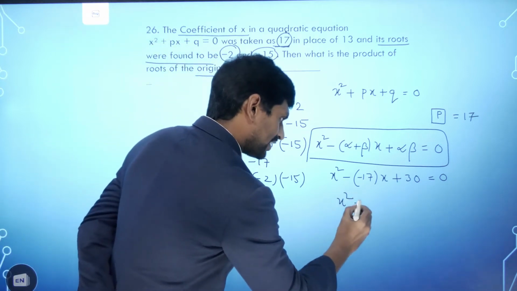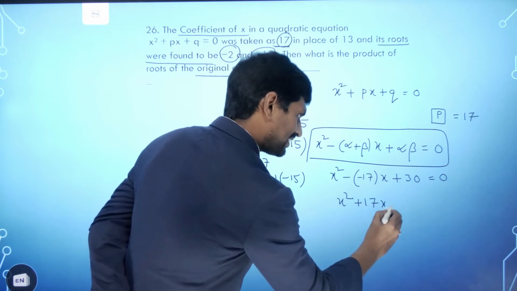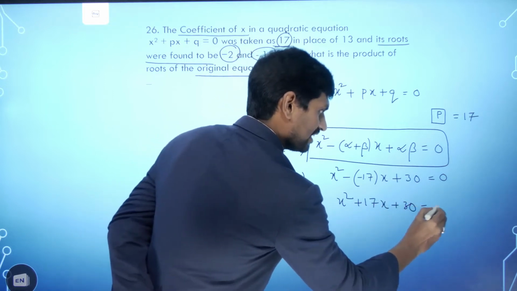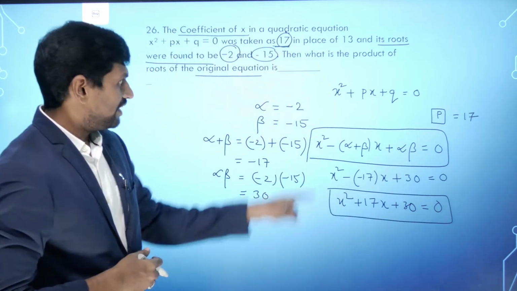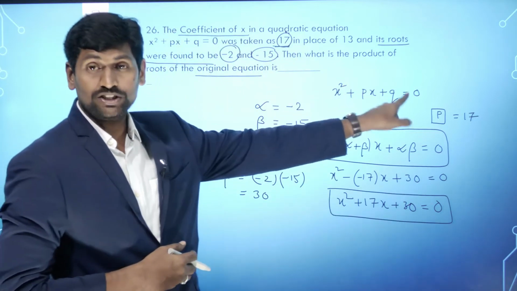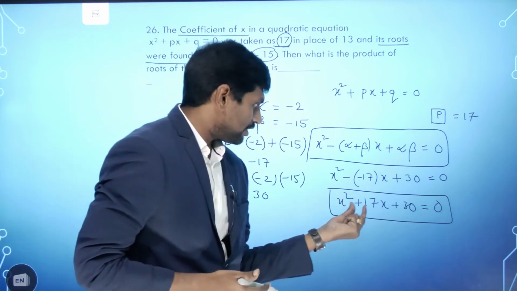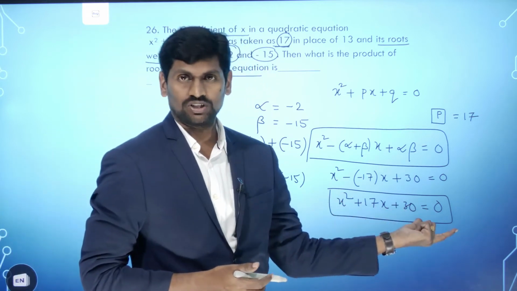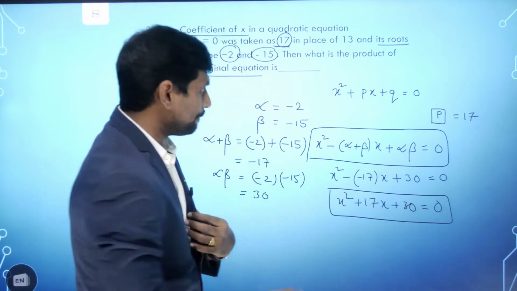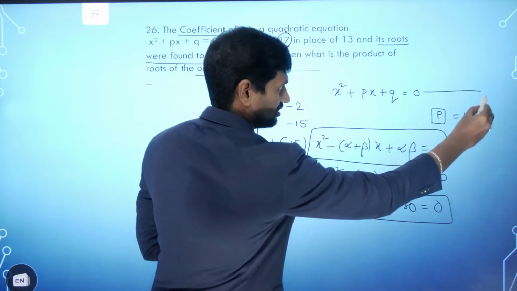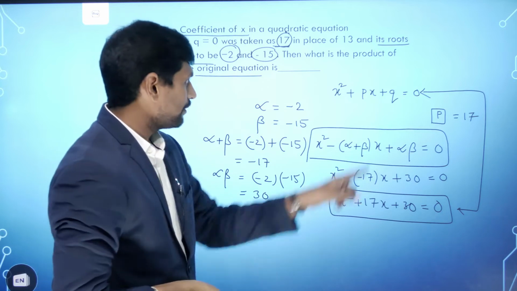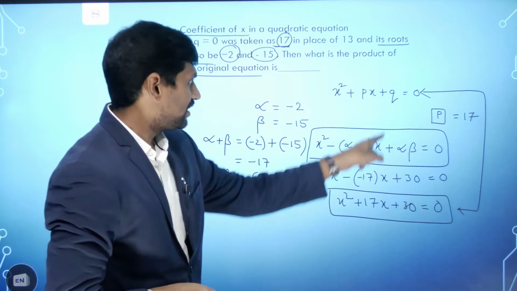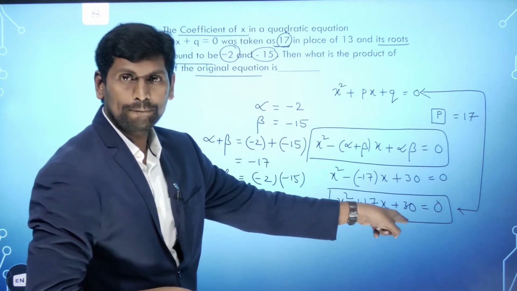Here minus into minus gives plus 17x plus 30 equals 0. Observe this equation and compare it with x square plus px plus q equals 0. The p value is 17 and the q value is 30. Am I right?